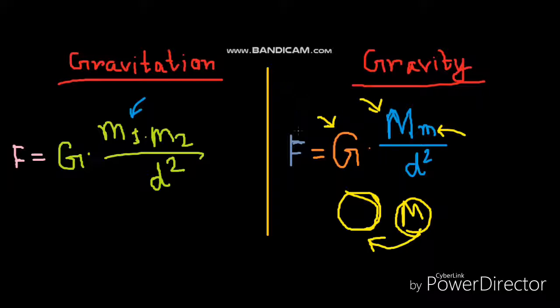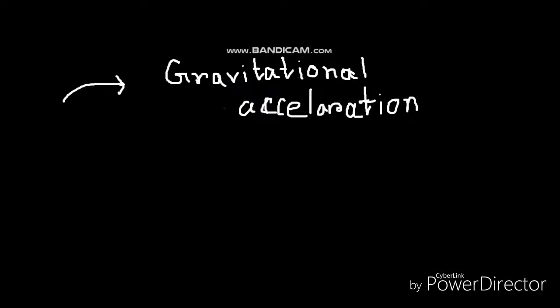So now we have understood the concept of gravitation and gravity. So what about the gravitational acceleration? Let's check this. Here we have two words, gravitational acceleration. We know that acceleration means change of velocity with time, and if you don't know about this clearly, I will publish some videos on acceleration, velocity and speed soon.